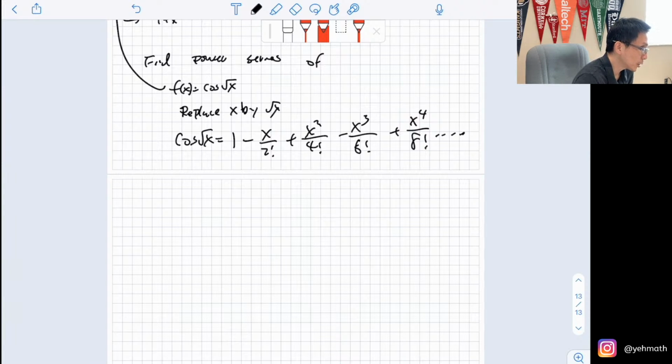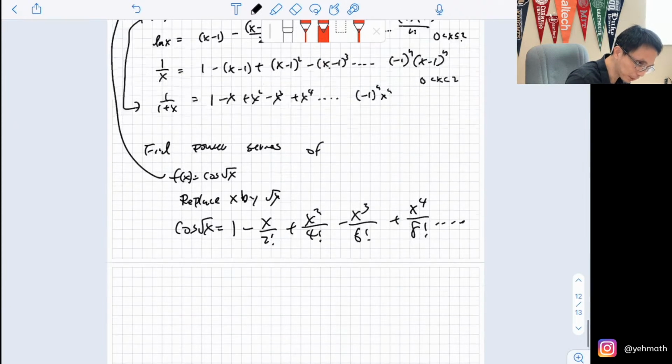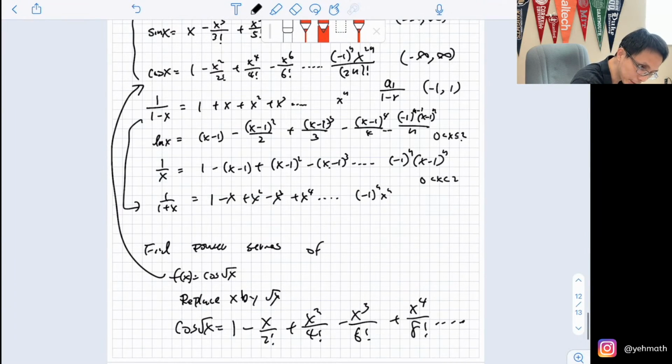Okay, so those are the things that you should pay attention to. Can something else change? Hold on, let me see. I want to give one more example. I already did it. I just go in here and replace the x squared, x to the 4th, x to the 6th, x to the 2n, I can replace all that with square root of x.